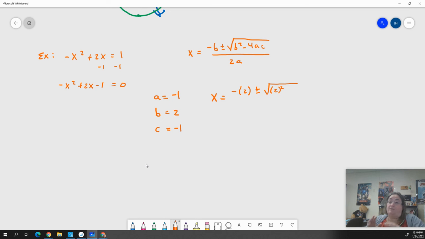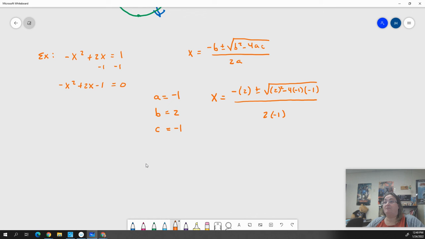I want to make sure you understand that those two things are together. Minus 4 times a, well, that's a times negative 1, times c, which is also negative 1, all over 2a. So all over 2 times negative 1.